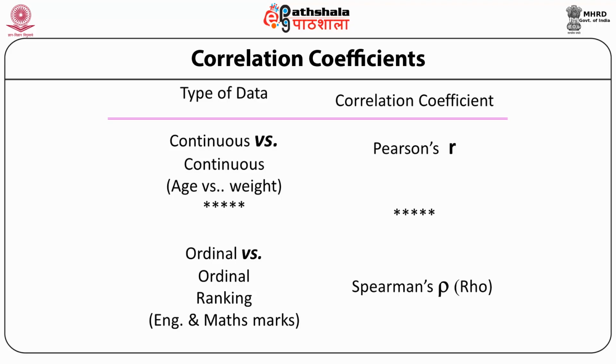It is generally known as rho. Example is a person having English and maths marks together, rank them, then Spearman rank correlation. If data is not normally distributed, we go for Spearman correlation coefficient.